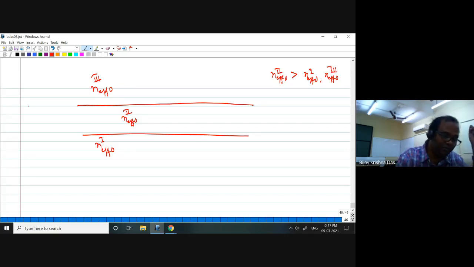Now can you tell me how axis will be defined? This direction, and this direction. This is a 1D waveguide. What will be this direction? Z. And what would be that direction? X. Really? Let me see.